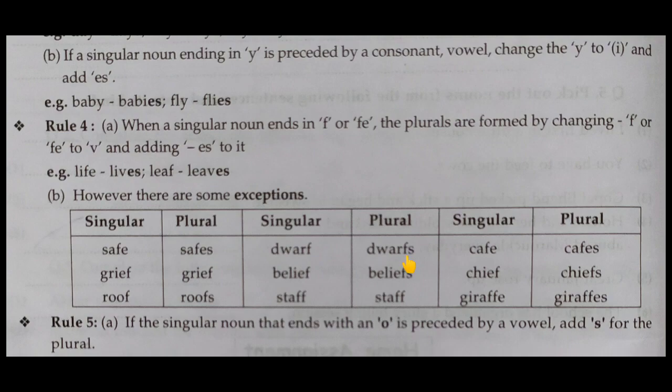Dwarf, dwarfs. Belief, beliefs. Here also these come under the fourth rule, but they are exceptions. Staff, staffs. Cafe, cafes. Chief, chiefs.